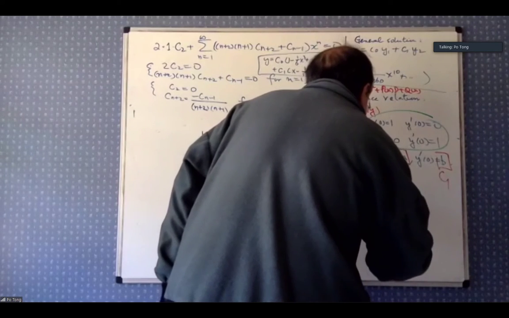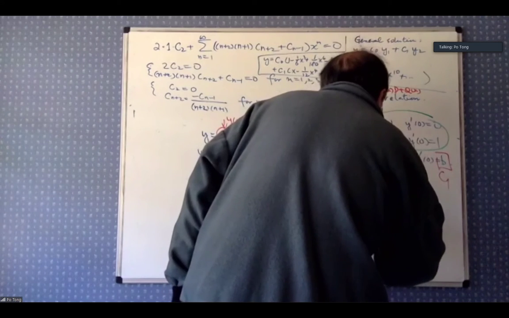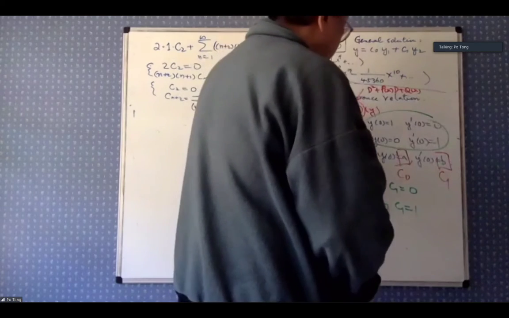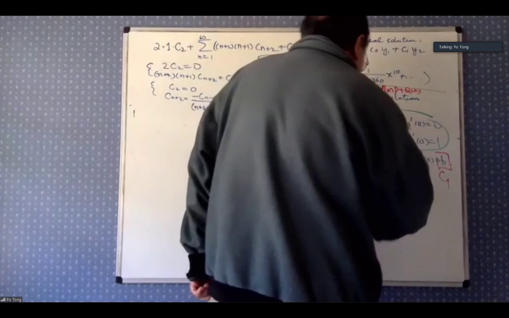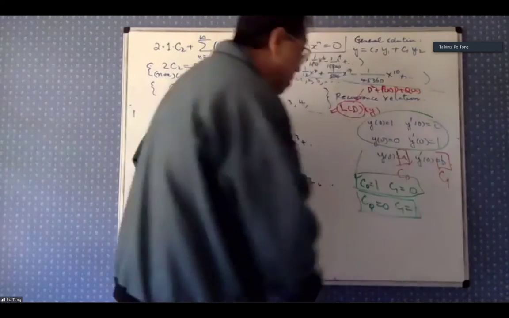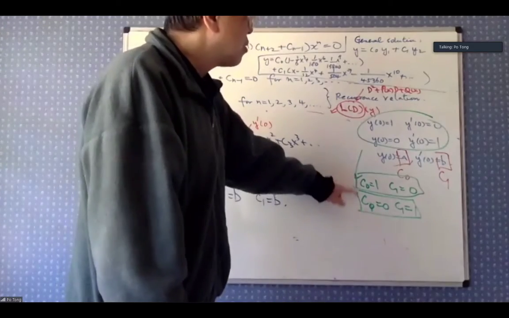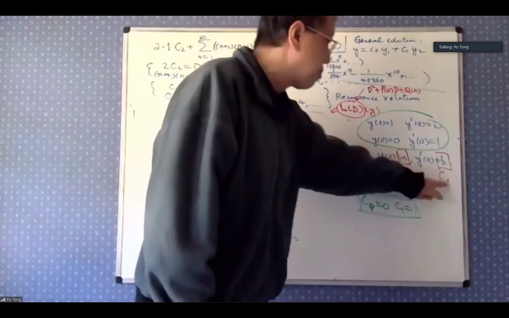Here, C0 is equal to 0, and C1 is equal to 1. So this corresponds to this. You remember we were doing this earlier. We assume this and get one solution. We assume this and get another solution. We get the y1 and y2, and then we do a linear combination of the y1 and y2 with the a and b, which is C0 and C1.